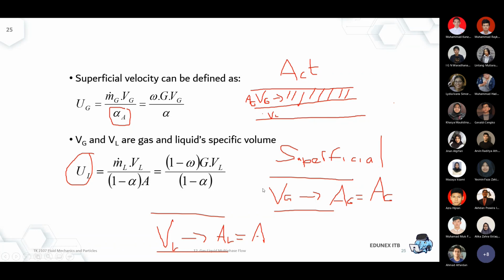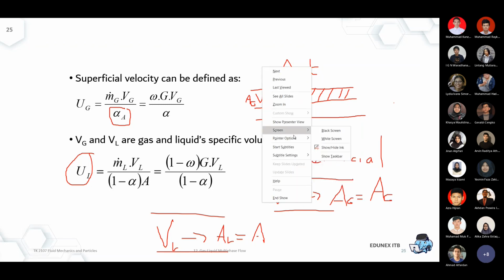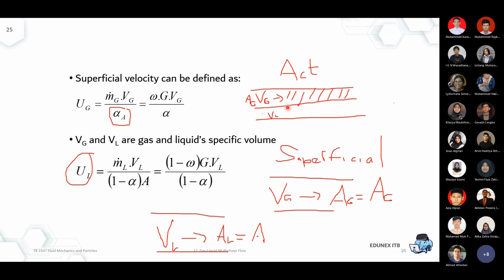Okay, so even though initially we know that the pipeline is filled by a mixture of gas and liquid, for example gas filling the upper part of the pipeline while the liquid fills the lower part, when we calculate the superficial velocity, we assume that the whole pipeline cross-section is used to flow the gas.